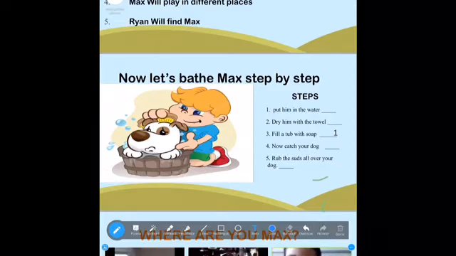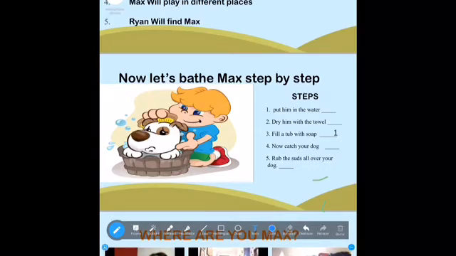Put him in the water. Are you sure, Suri? The number 2, it's another, Suri. This is the number 3, Suri. The one that you mentioned is the number 3. Okay, thank you, Daida.